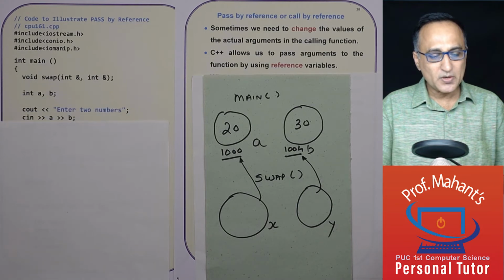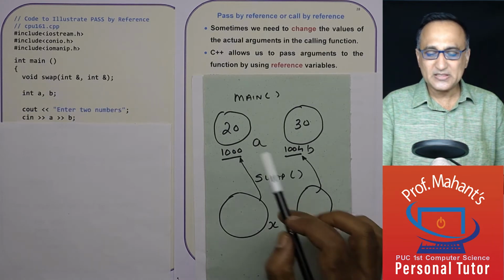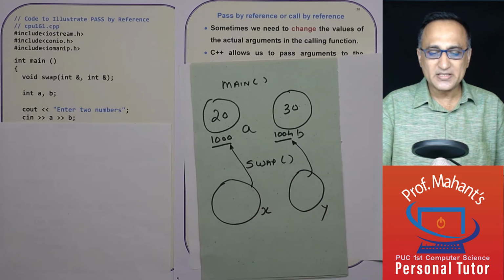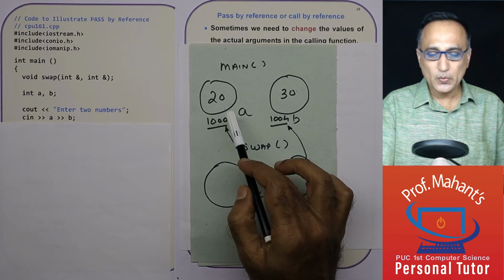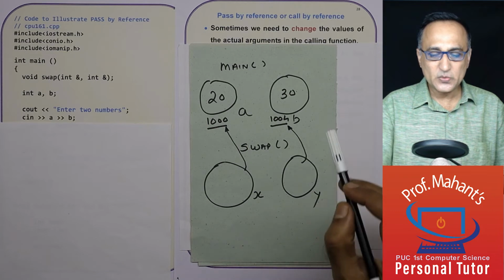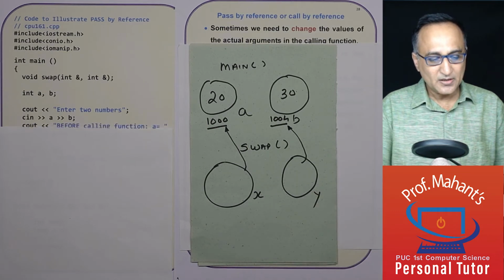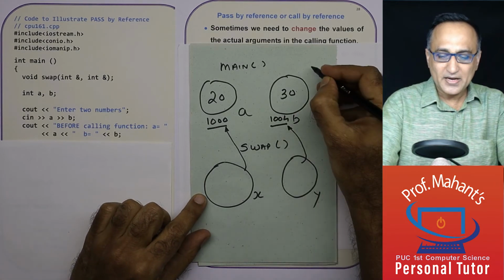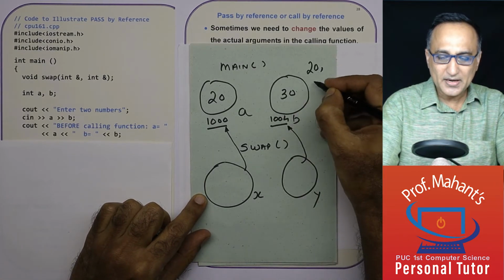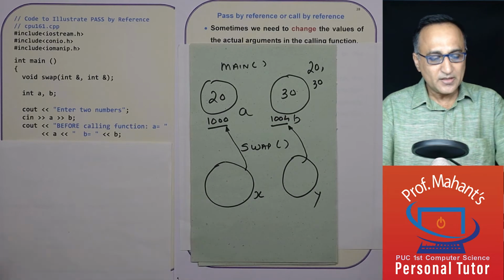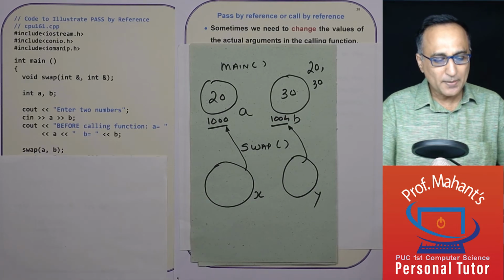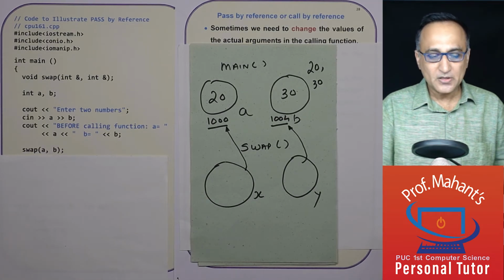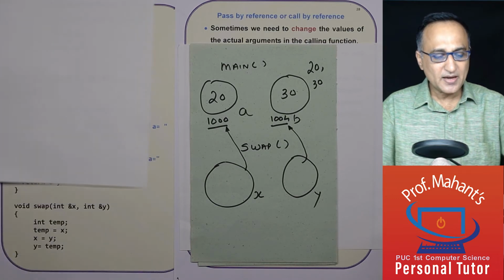So right now, we're asking the user to enter two numbers. Let's use our simple usual example that the user enters 20 and 30. A is 20, B is 30. Now before we call the function, if we try to print the value of A and B, it's going to print 20 and 30. Then we're going to say swap A comma B. Now here an interesting thing happens.